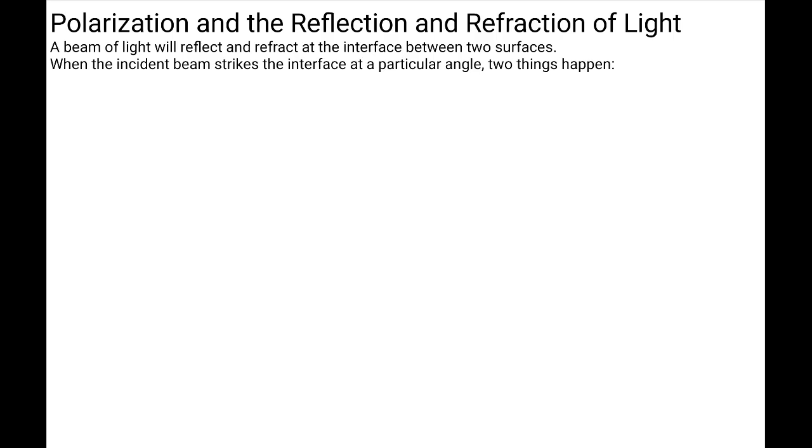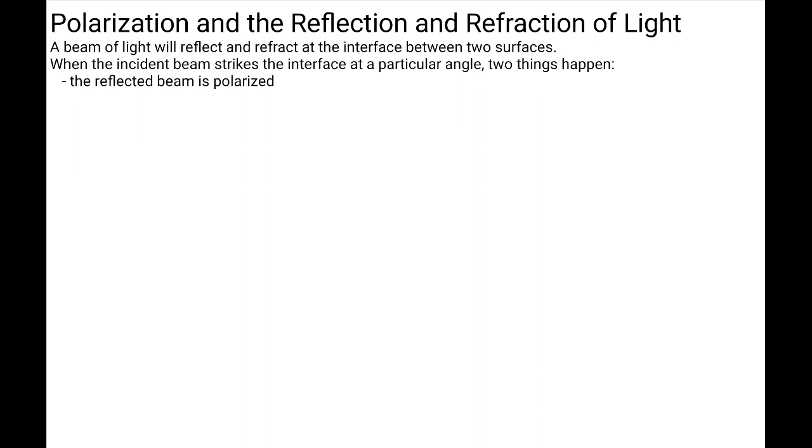Now, when that incident beam strikes the interface at a particular angle, two things happen. Here is the first thing. So let me draw again the interface and the incident beam. So if this angle is, like I said, a special angle, a particular angle, then when the beam reflects, this reflected beam will be polarized.